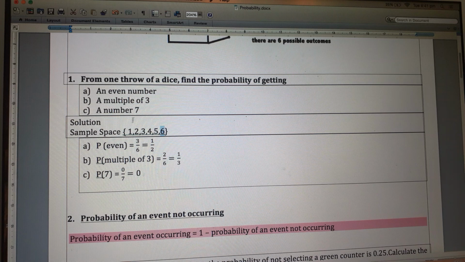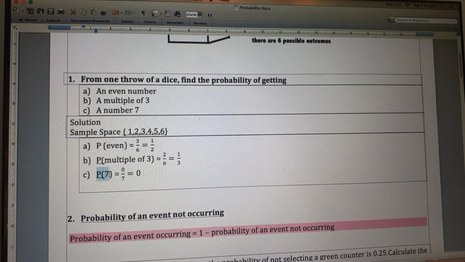So from this sample space I have 2 possible favorable outcomes, that is 3 and 6, while total outcomes are 6. So 2 divided by 6 is 1 by 3.